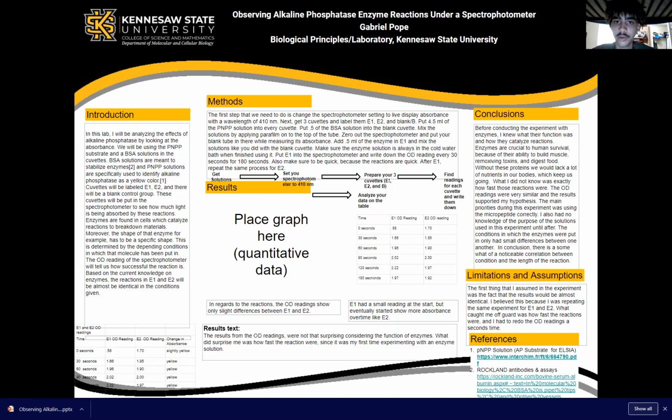I also had no previous knowledge about the BSA and PMPP solutions, so I researched them after the experiment. Other than that, there were only small differences in the readings.